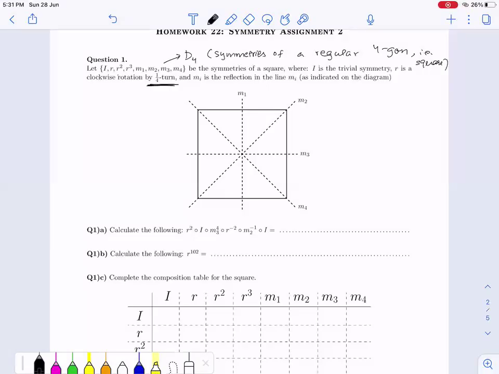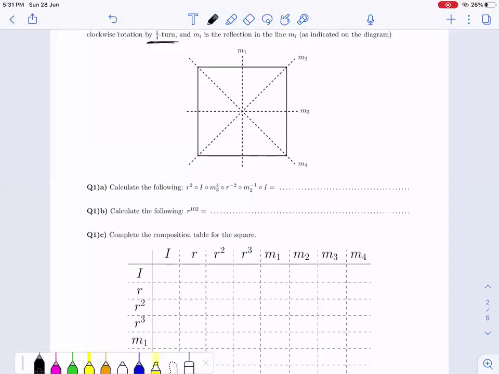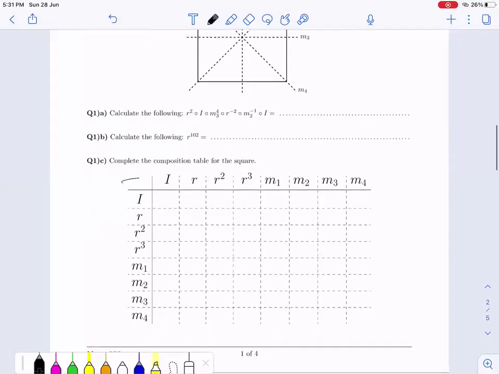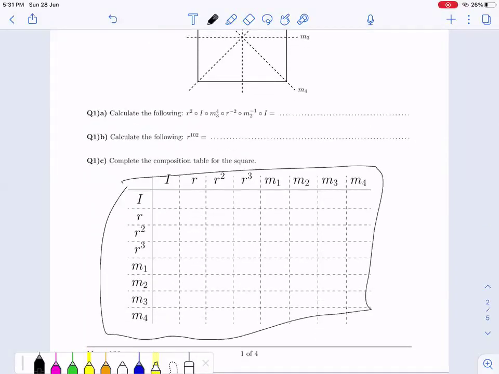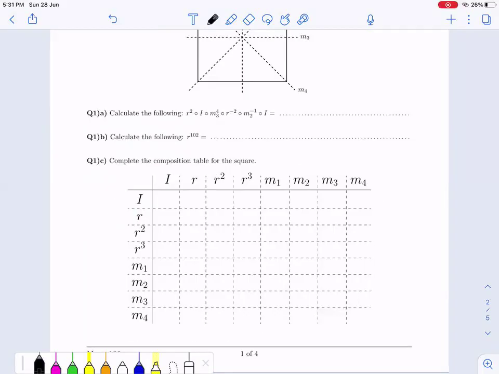So I think the easiest way to do this would be to first fill out this composition table, at least for starters. Later on, when you are well versed with this topic, you can do this directly, but initially let's do the composition table first. So the way we fill out this table is that you do row composed with column.